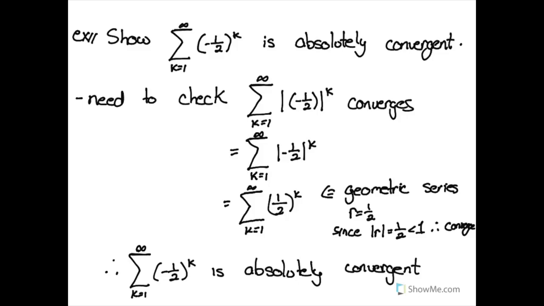Now let's do an example for conditionally convergent. Show that the alternating harmonic series, if you recall, the alternating harmonic series is (-1)^k over k. So show that this series is conditionally convergent.